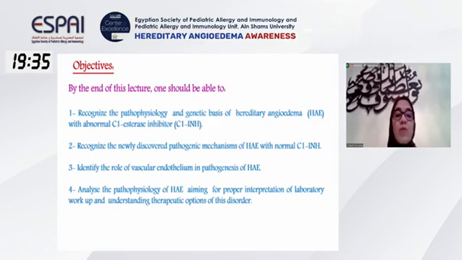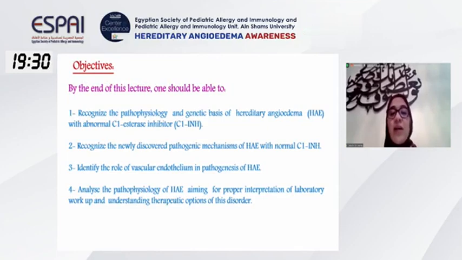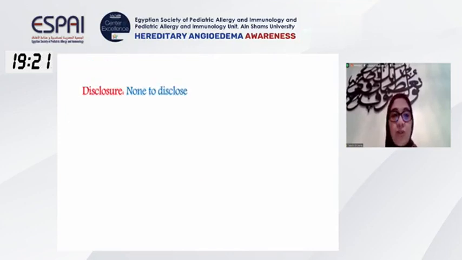This is very important to analyze the pathophysiology of hereditary angioedema, aiming for proper interpretation of the laboratory workup and understanding the mechanism of action of therapeutic options of this disorder.